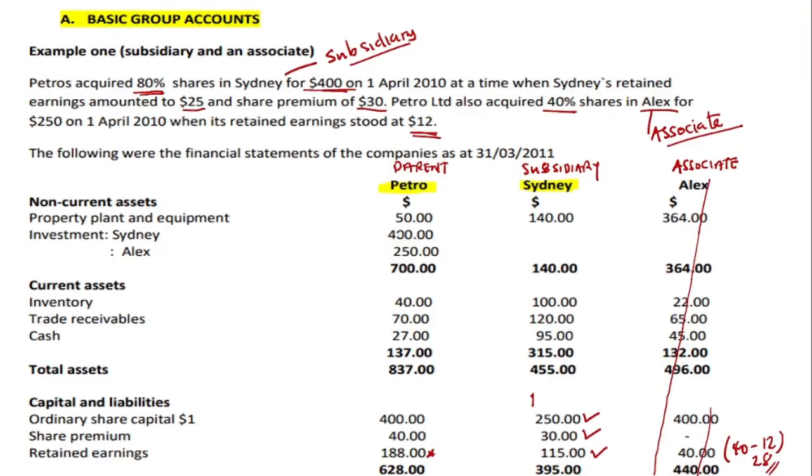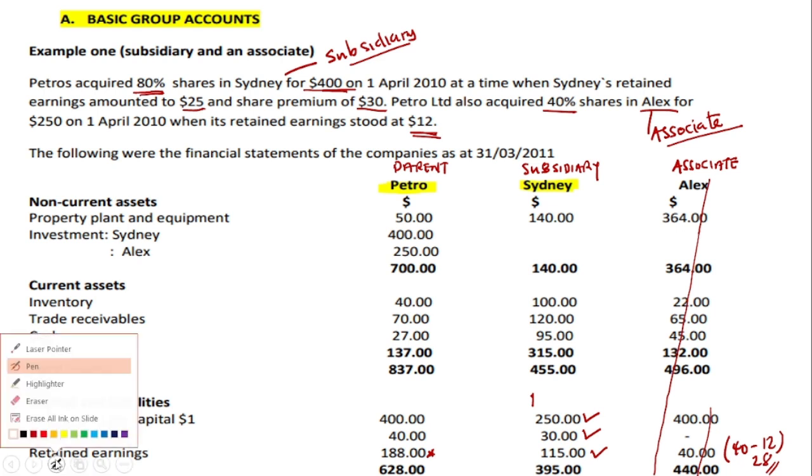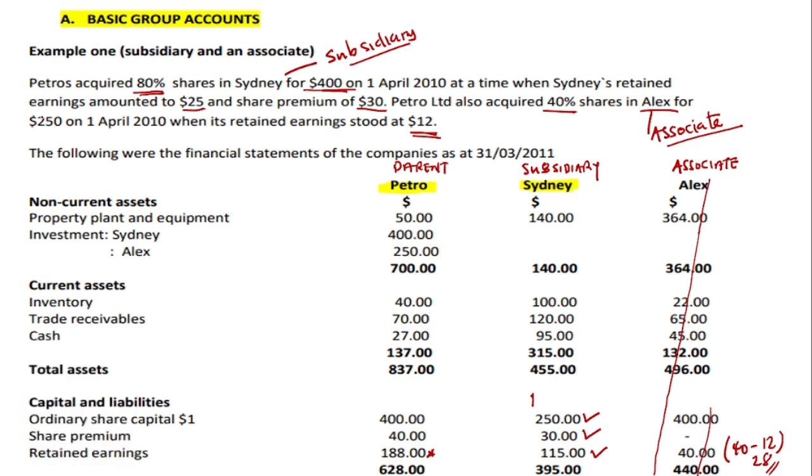Just up there. Okay. Remember, Petro acquired 40% of the shares in Alex for 250. That's the amount that you paid. And then also here, it's not given there, you can see we have investment in Alex here. That's also 250.